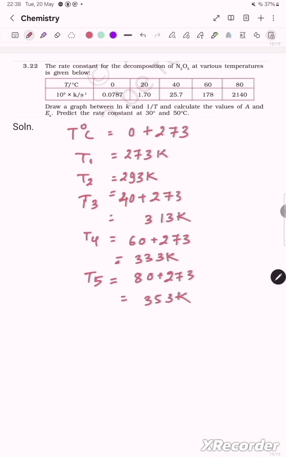Now next is the rate constant value, which is represented as 10 to the power 5 multiplied by k per second. For the first value, 0.0787, if we move this to the right side, the rate constant becomes 0.0787 multiplied by 10 to the power minus 5.